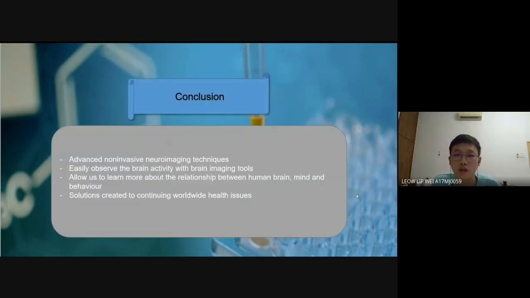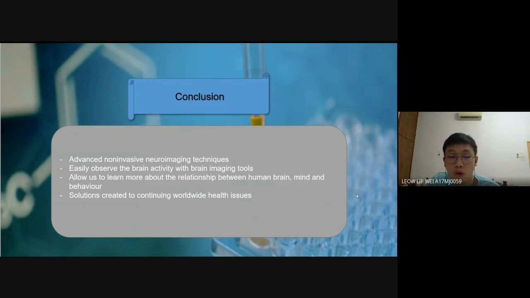So next, for the conclusion. With the advanced non-invasive neuroimaging techniques nowadays, researchers can easily observe and examine brain activity with brain imaging tools such as EEG, fMRI, MRI, or others, which allow us to learn more about the relationship between the human brain, mind, and behavior that might be related to mental conditions or health conditions.